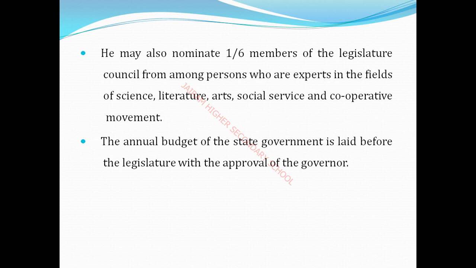Before presenting it to the public, the annual budget has to get approval from the leader of the executive of the state, who is known as the governor. So the annual budget of the state is laid before the legislature with the full approval of the governor.